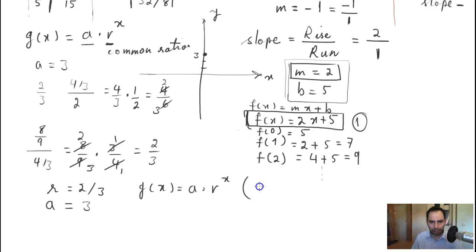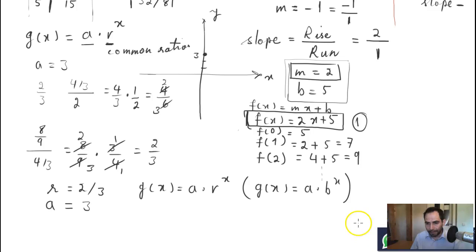It's basically the same thing as g of x is equal to a times b raised to the power x. Well, here it's been called r, but it's basically the same thing, because it's a common ratio, some people call it r.